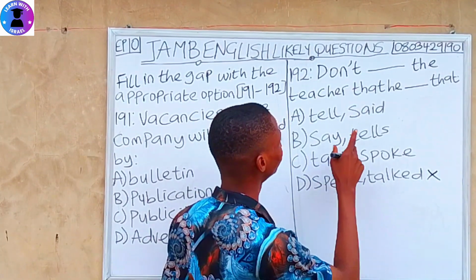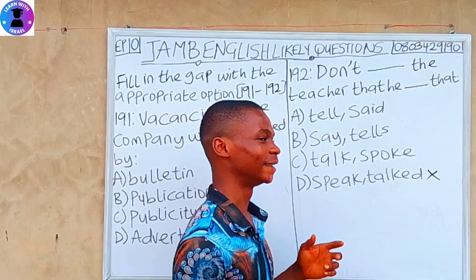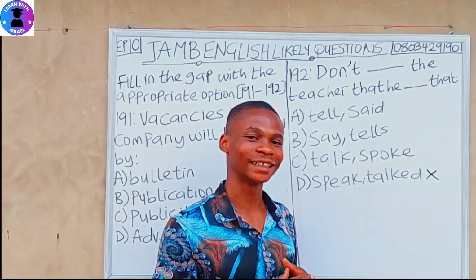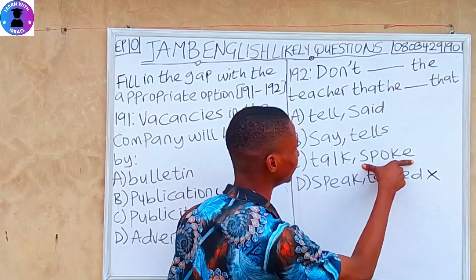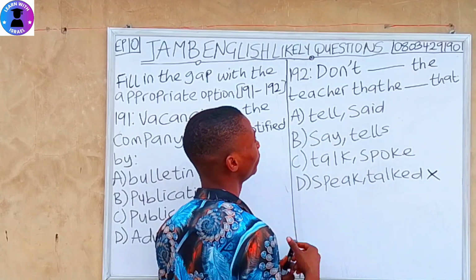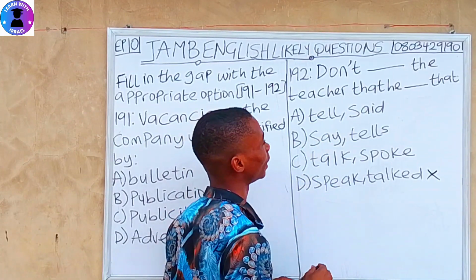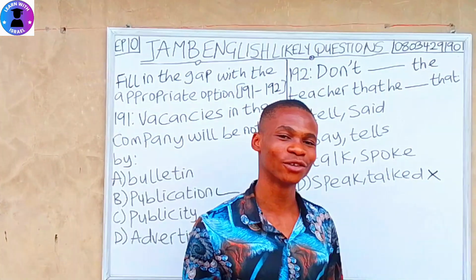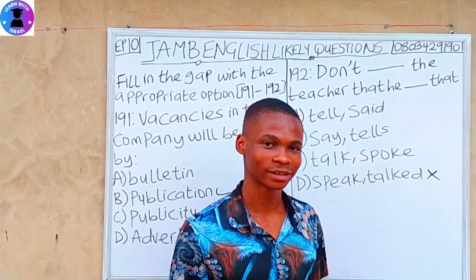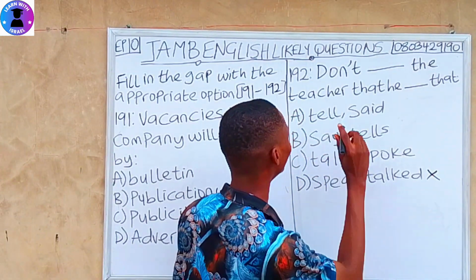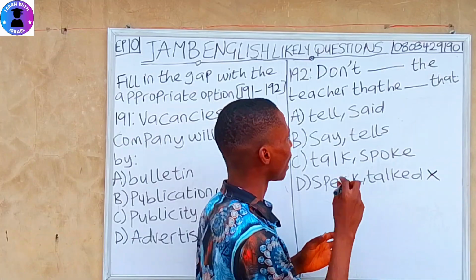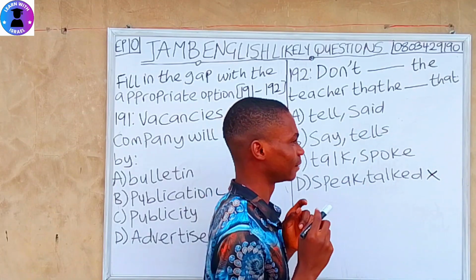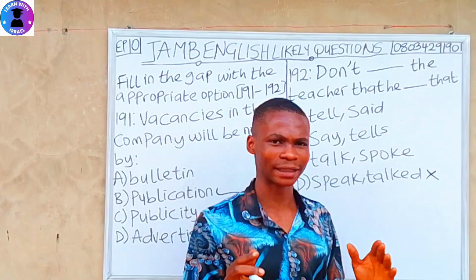Option C. Don't talk the teacher. Is there anything like that? No. Option B. Don't say the teacher that he tells that. Is that also wrong? Yes. Option A. Don't tell the teacher that he said that. That is the most appropriate answer.